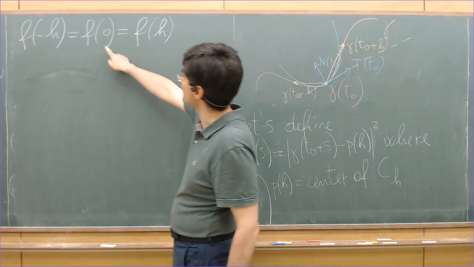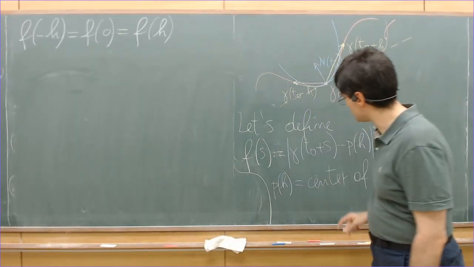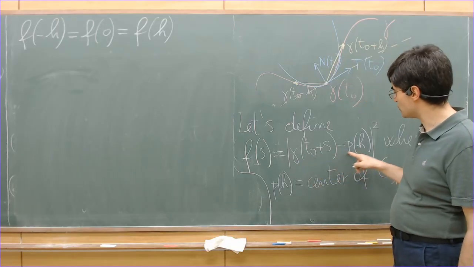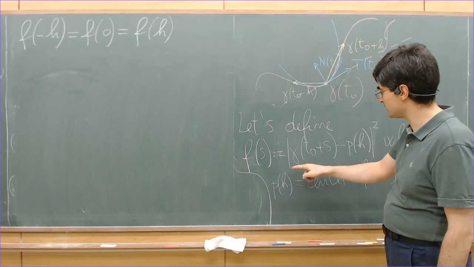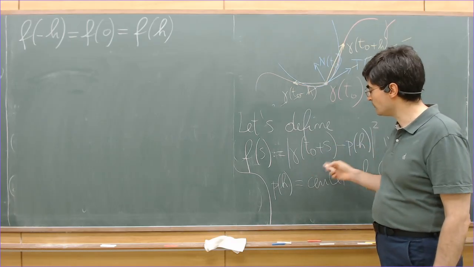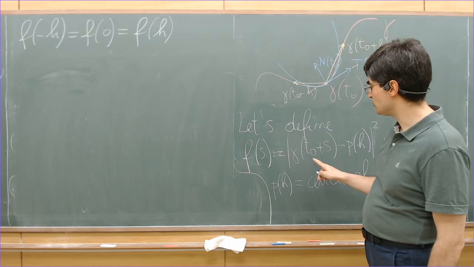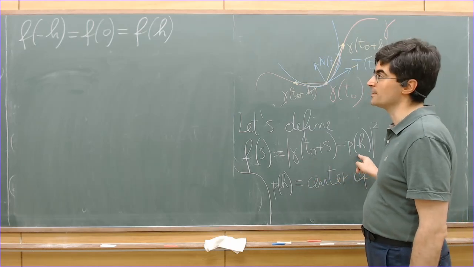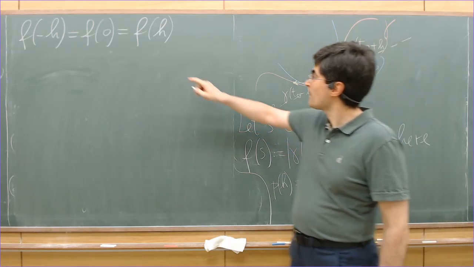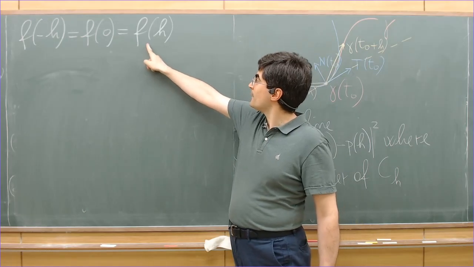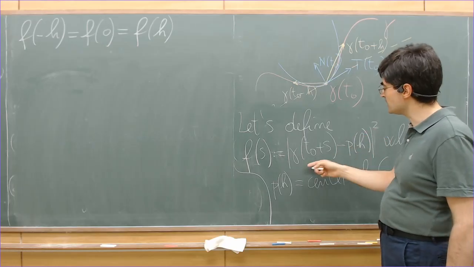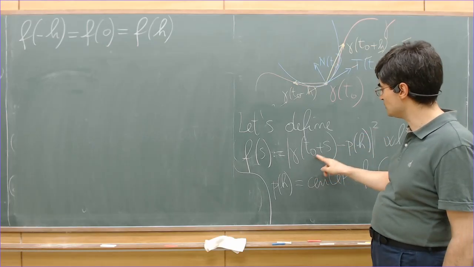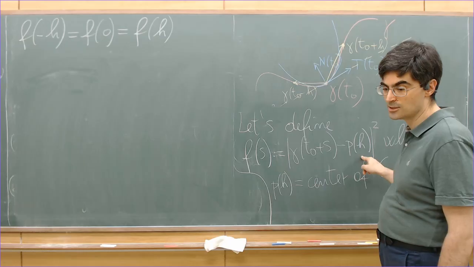If I replace s by 0, I get gamma t0 minus pH, whose length squared is the square of the distance between gamma t0 and the center of the circle. And if I replace s by h, I get the square of the distance between gamma t0 plus h and the center of the circle.